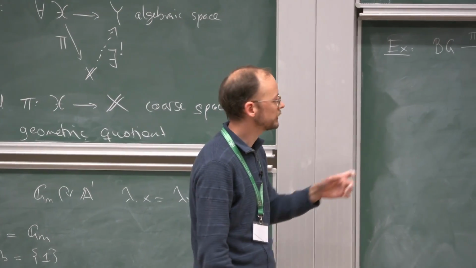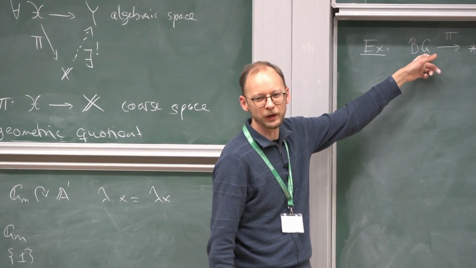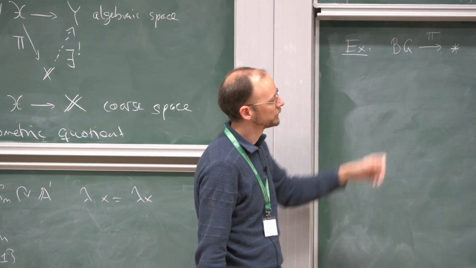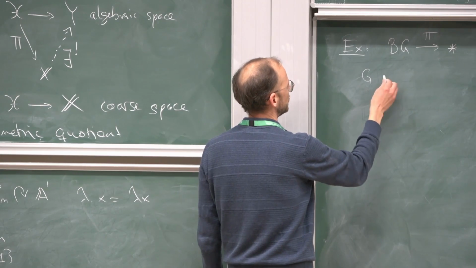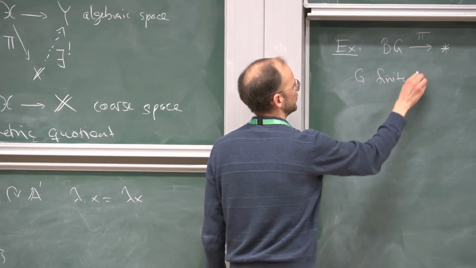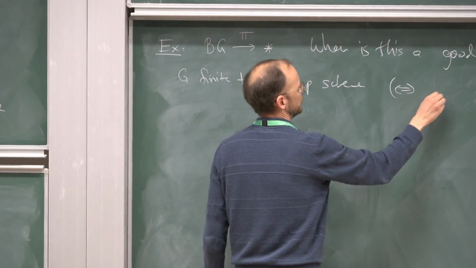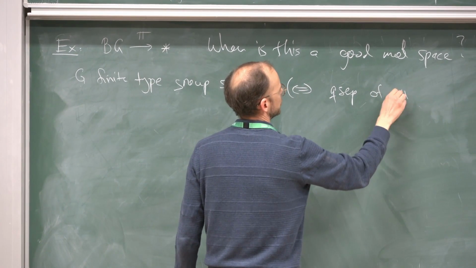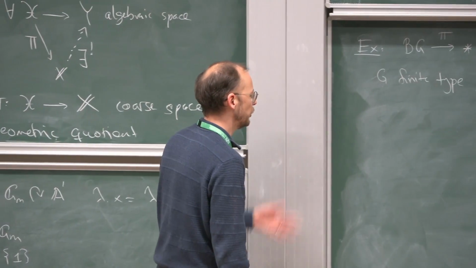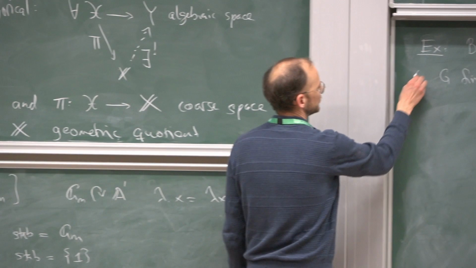Coarse separateness will tell you that G is a finite type group scheme, so I'm not allowed to have something like Z. Over a point, all group schemes are separated, so that's fine.